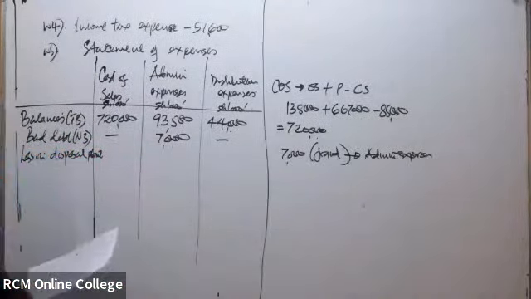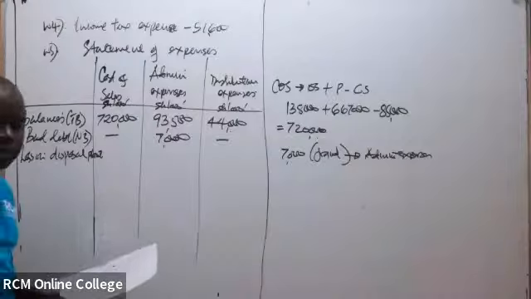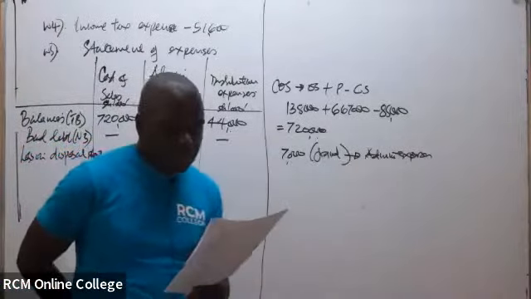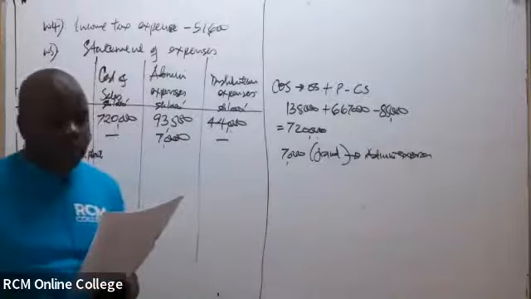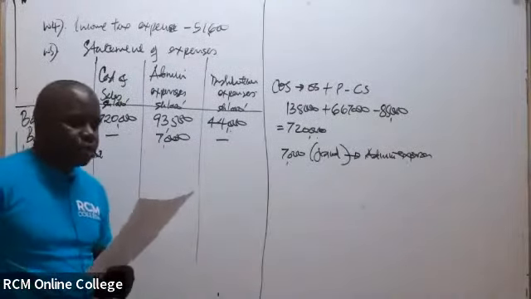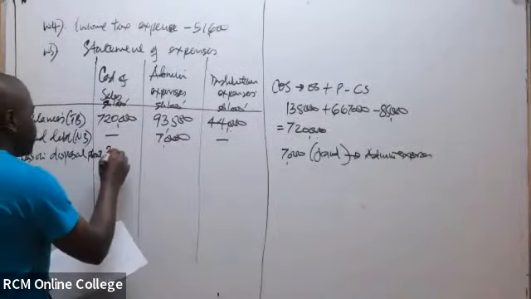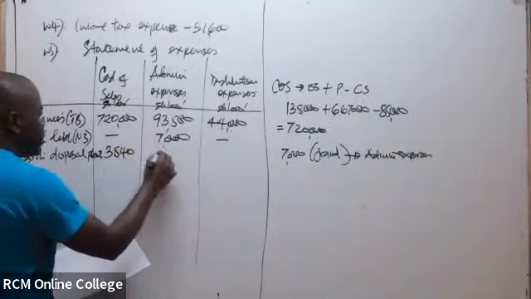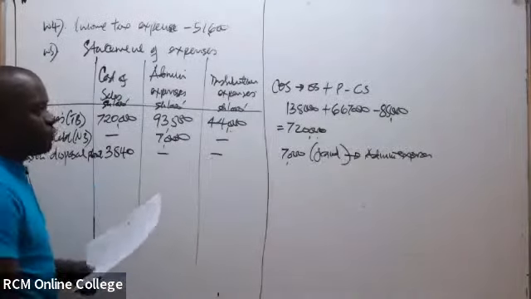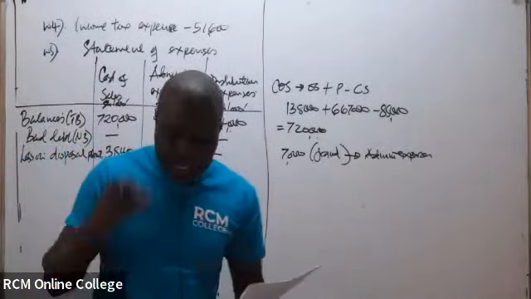We computed it under working number 1. And of course, we said that one will go to the cost of sales. So any gain or loss on disposal of plant should be included within the cost of sales. It was an amount of 38.50. So this one will go under cost of sales, so we'll allocate it under cost of sales.